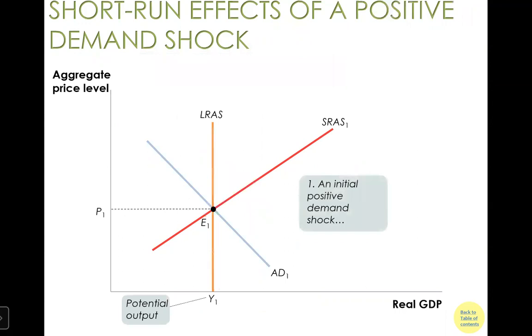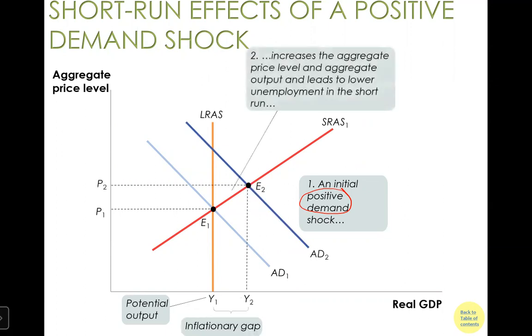On the other hand, if there is a positive demand shock, like currently, we have good news from Pfizer, then demand is going to lift off, and you can see the output is going to exceed your potential.